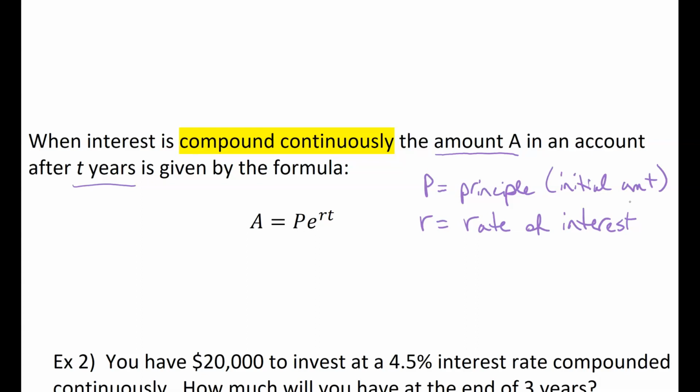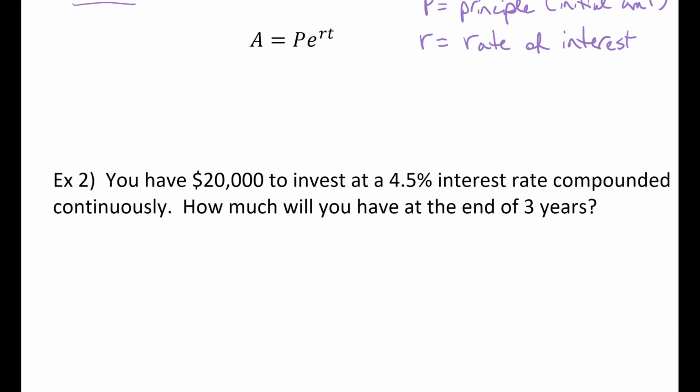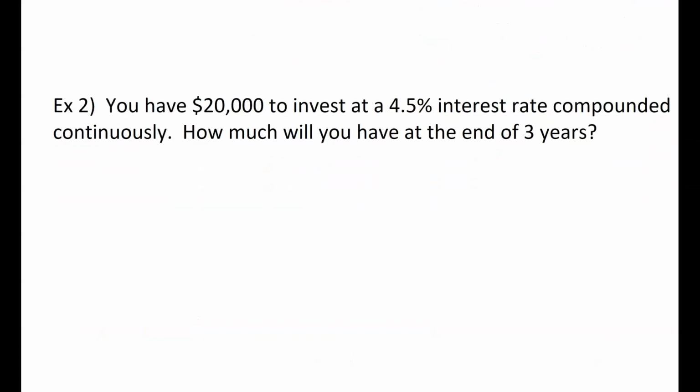Thank you. All right. Okay, so that $20,000 is what? That's our P. So we have P is equal to $20,000. Okay, that 4.5% interest rate is our rate, and we will convert it to 0.045.